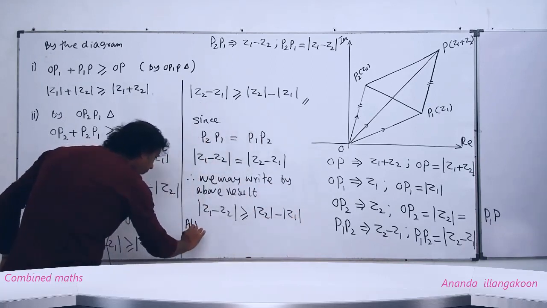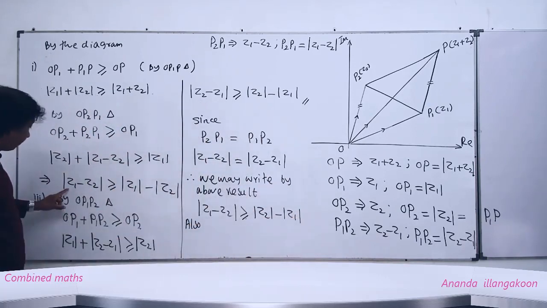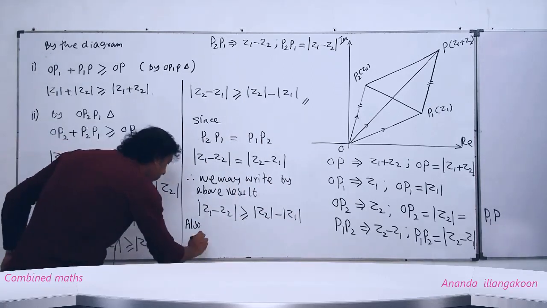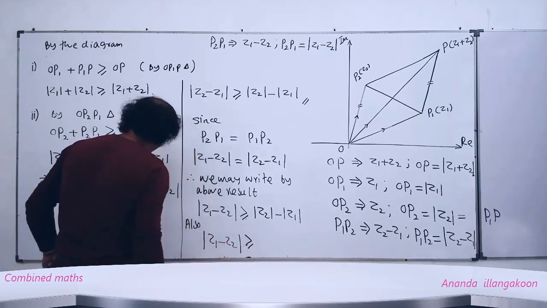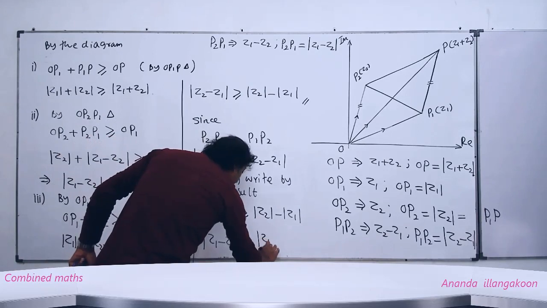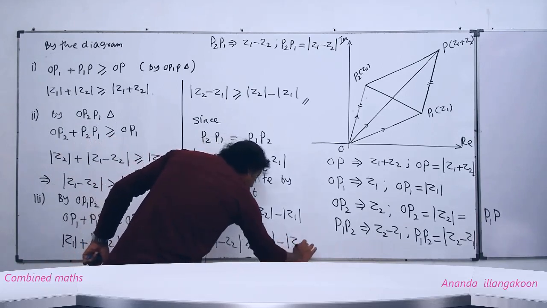Also, the same thing we have proved here: mod Z1 minus Z2 greater than or equal to mod Z1 minus mod Z2, like this.